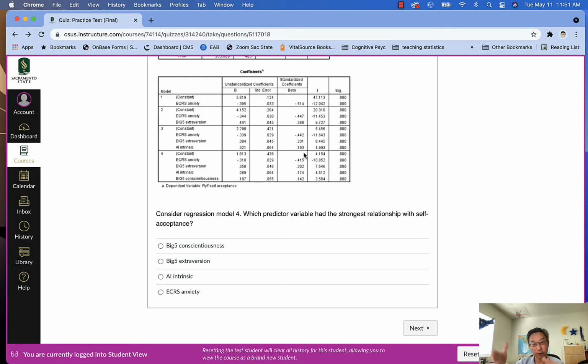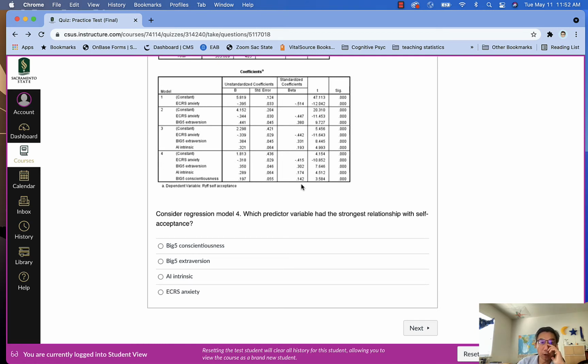In a different context, if we were using multiple regression analysis to test a path model or mediation, then remember the size of that effect is measured by the standardized regression coefficient, or the beta coefficient.